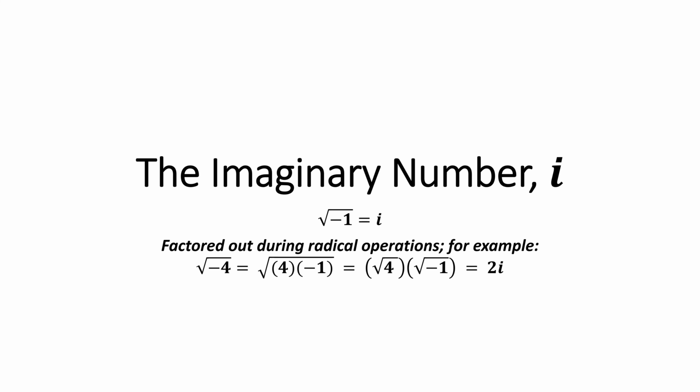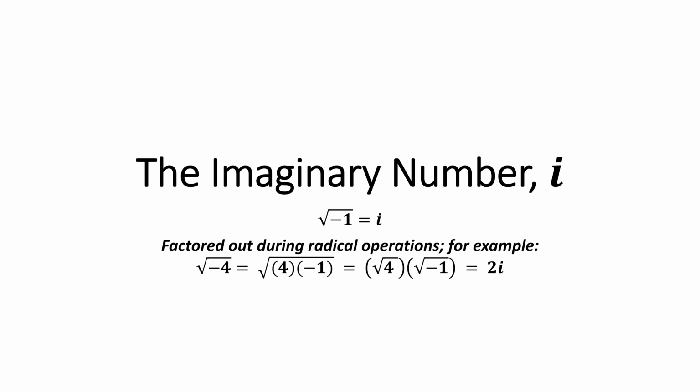Therefore, if you find the square root of a squared number, you should have that number either as a negative or a positive. But if you have to find the square root of a negative number, then that's where the situation becomes complex.